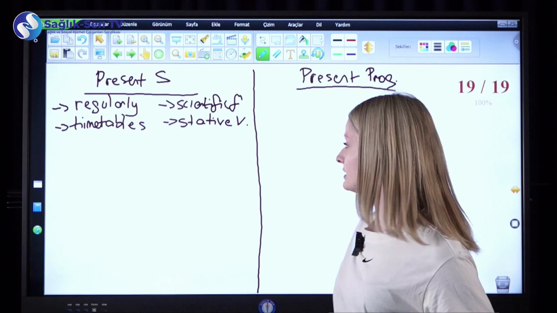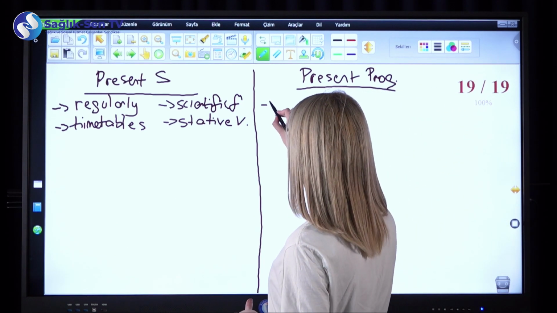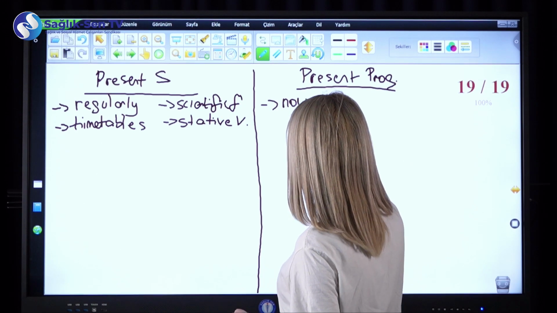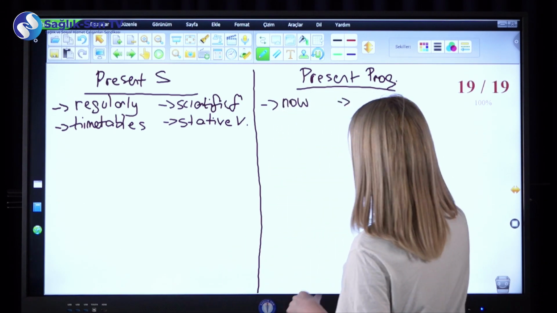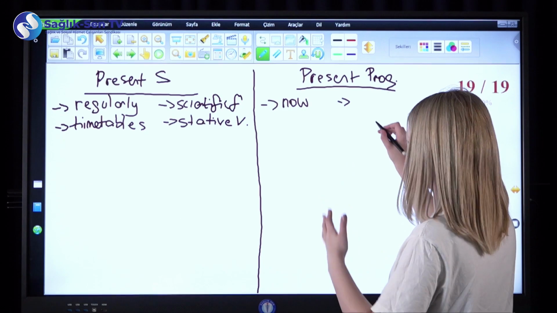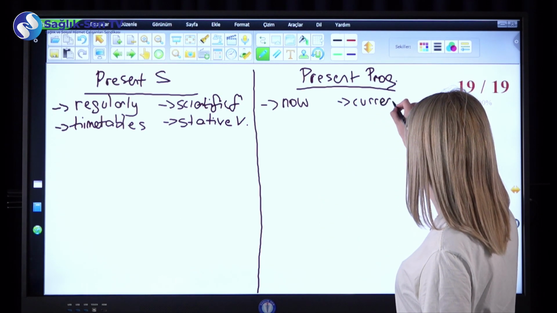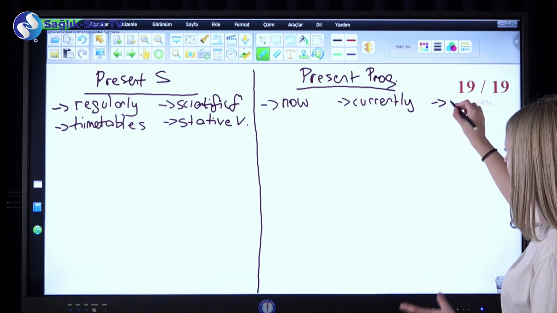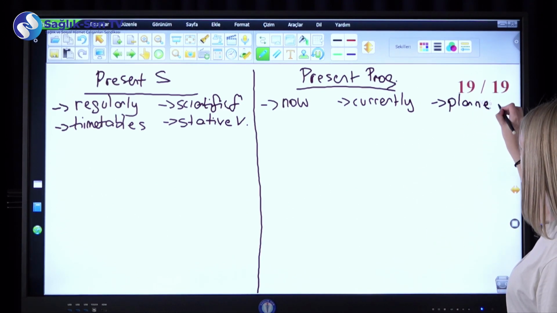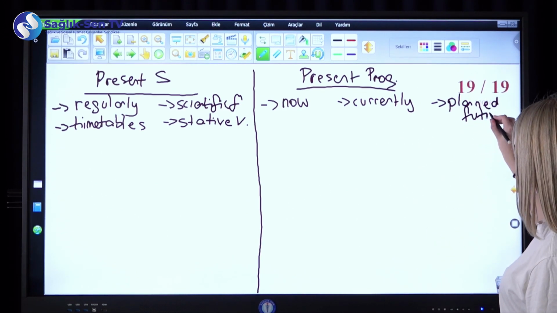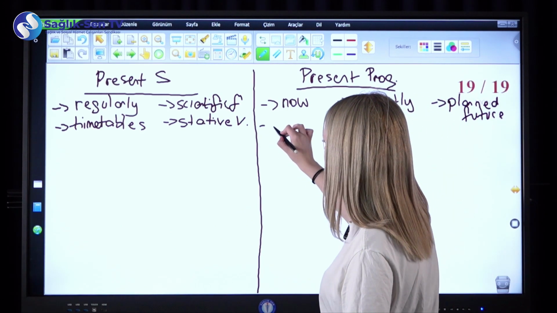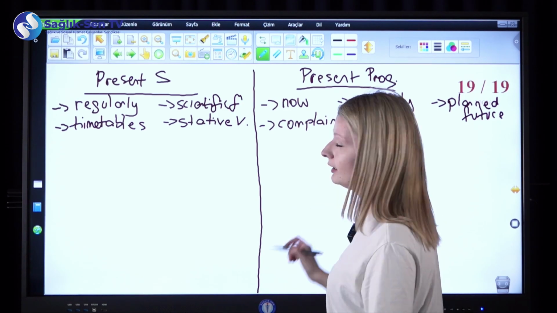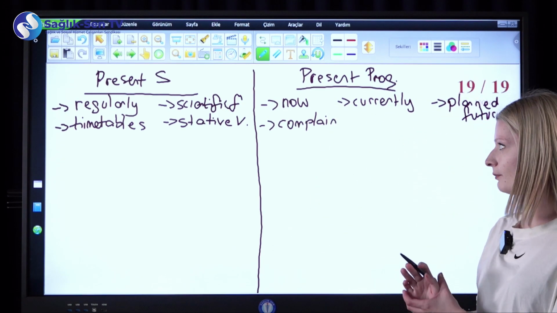But in present progressive, we are talking about actions that are happening now or currently, or in a close future that we have planned, or when we are making complaints, when we are complaining about something.